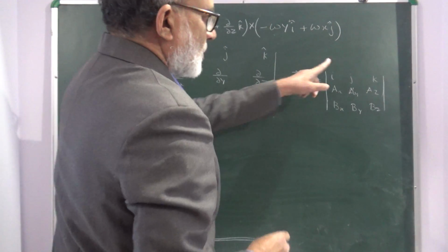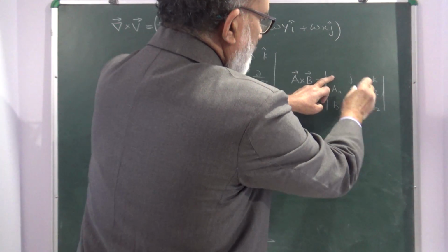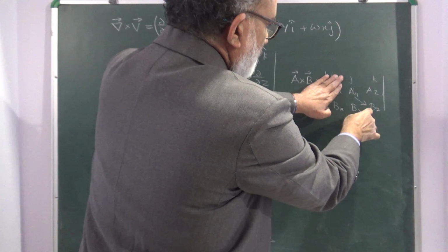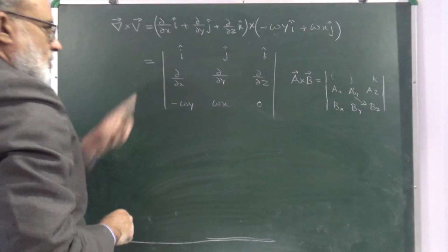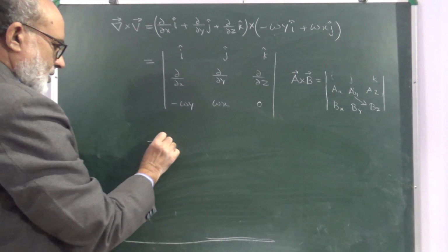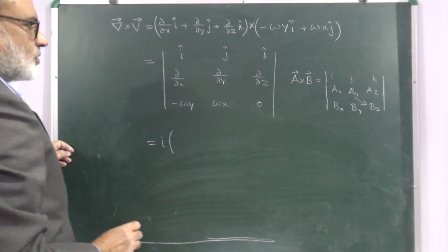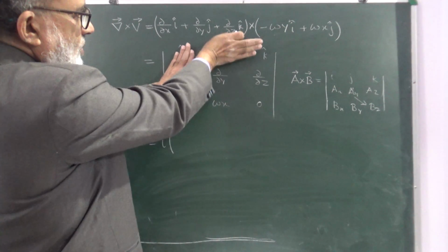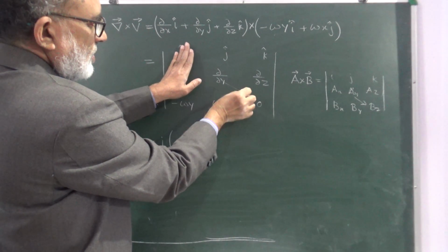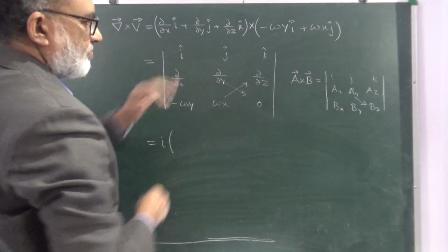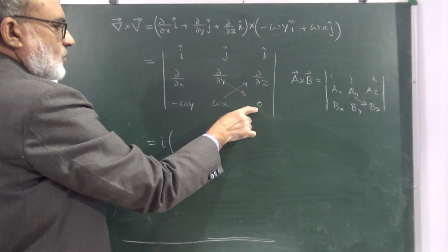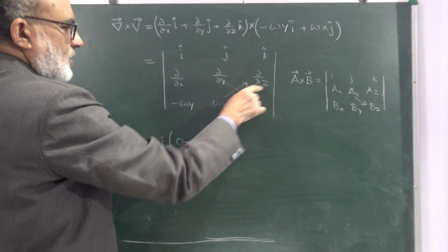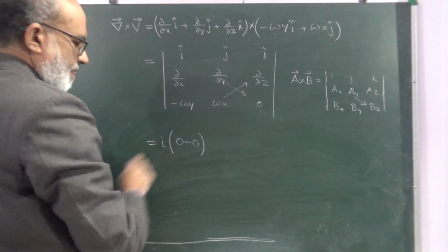Similarly, you take the i component, hide these rows and columns, multiply this minus this, so it is 0 minus this, which is differentiation with respect to z. There is no z here, so it will be 0.